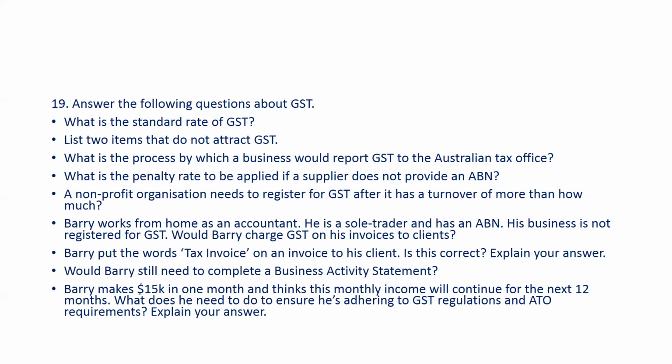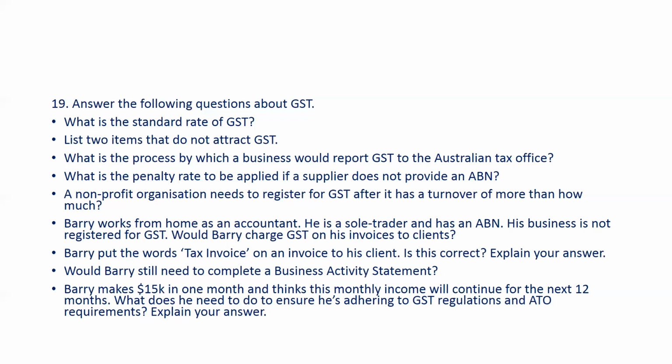So what does he need to do to ensure he is adhering to GST regulations and ATO requirements? Explain your answer. This is a little bit of a case study based question. They're giving you a scenario and you need to answer this. So Barry needs to be registered for GST as his predicted income will be more than 70K.